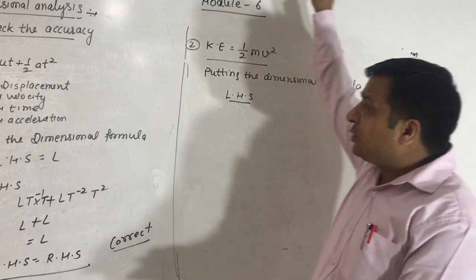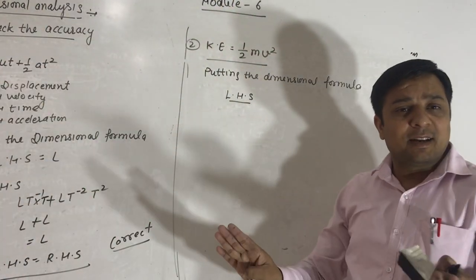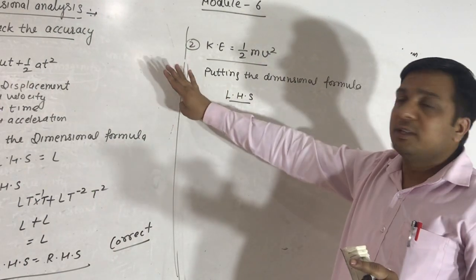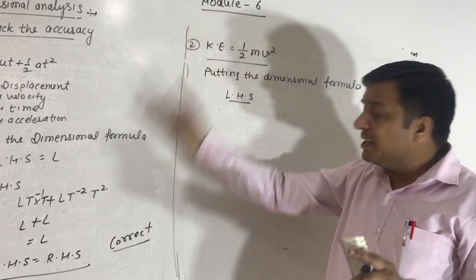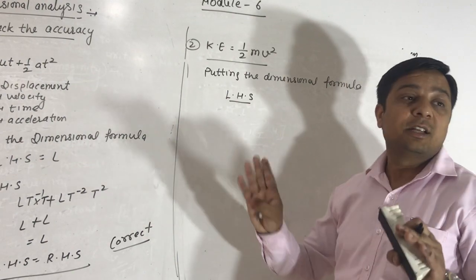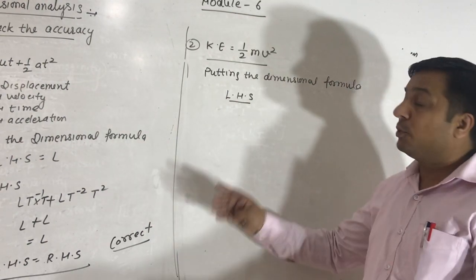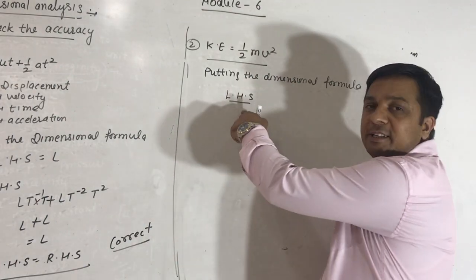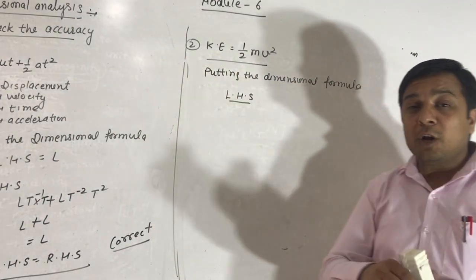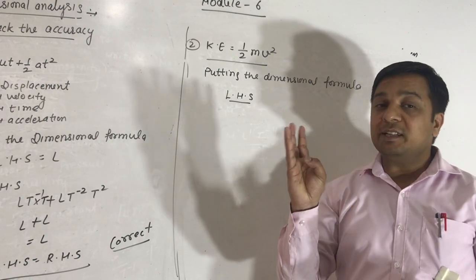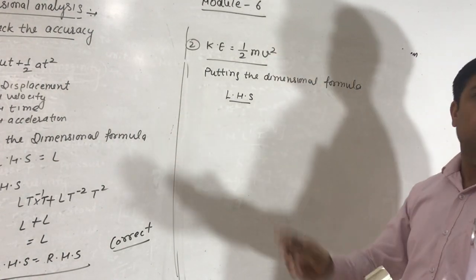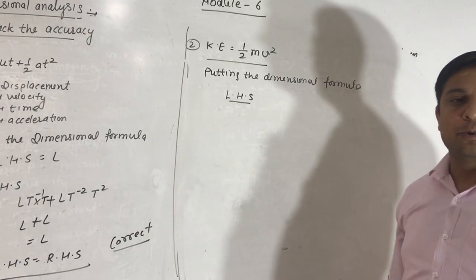So these are the totally basic dimensional analysis. From the first to the last chapter of 11th class, you will have to use dimensional analysis. From any chapter, any question can be asked according to dimensional analysis. For this, you will have to learn the dimensional formula. Left hand side, kinetic energy. Every type of energy, whether it is kinetic, potential, mechanical, heat, or work and torque, all have the same dimensional formula.